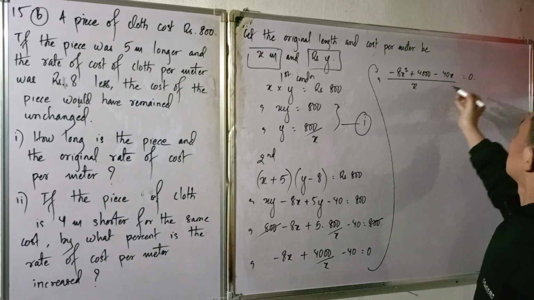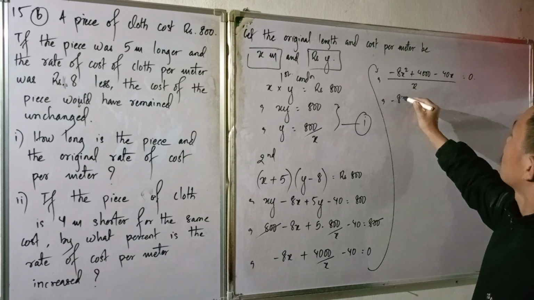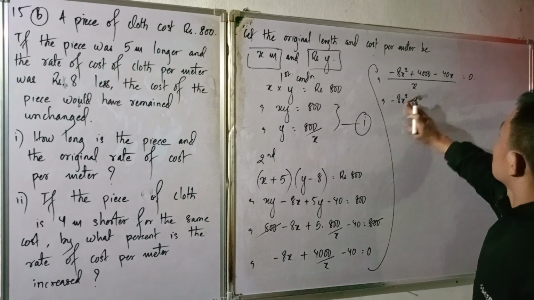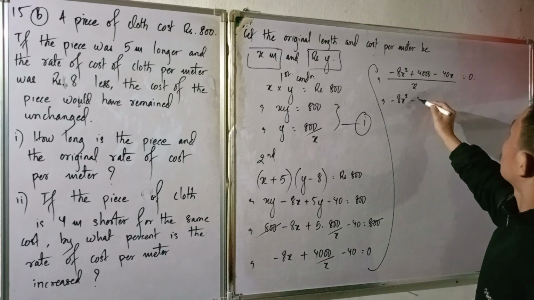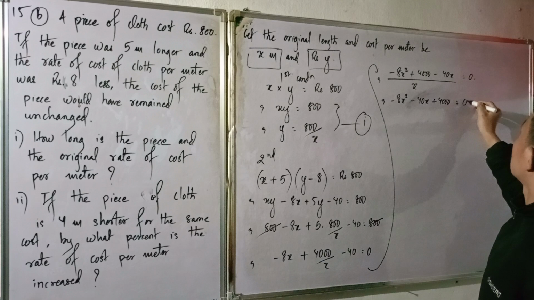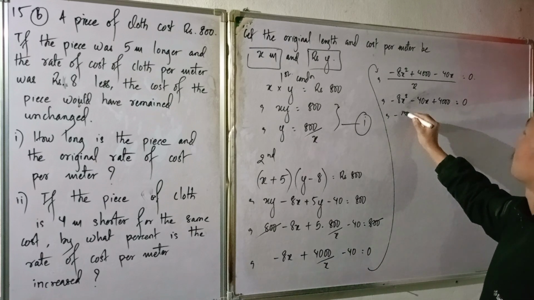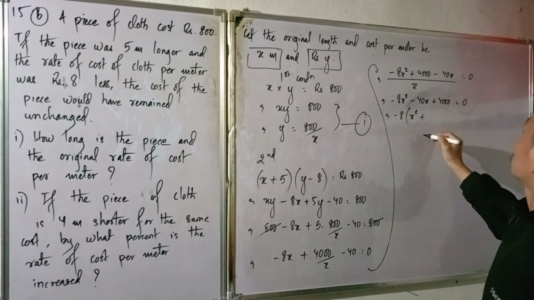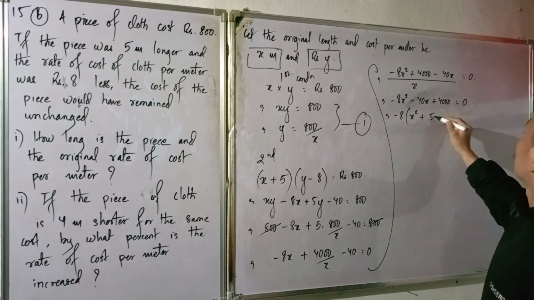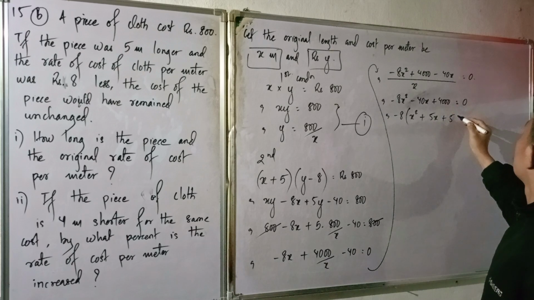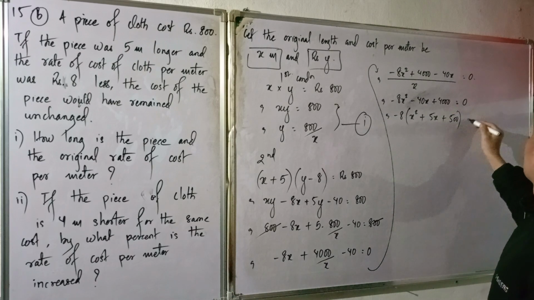Just arrange it as minus 8x square minus 40x plus 4000 equals 0. You can take minus 8 common. If you take minus 8 common, this will be x square plus 5x minus 500 equals 0.